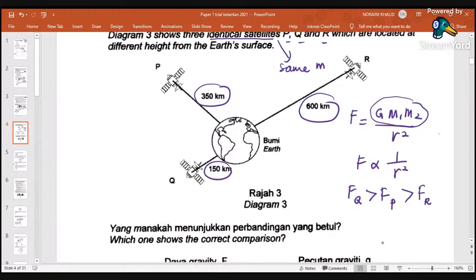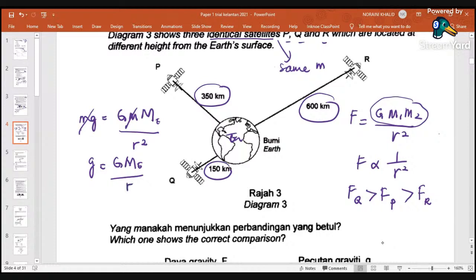Second one, the gravitational acceleration. From the formula mg equals to G M m over r squared, because here is Earth, so M is the mass of Earth, divided by r squared. So we can cancel the mass of the satellite. We get small g equals G M divided by r squared.